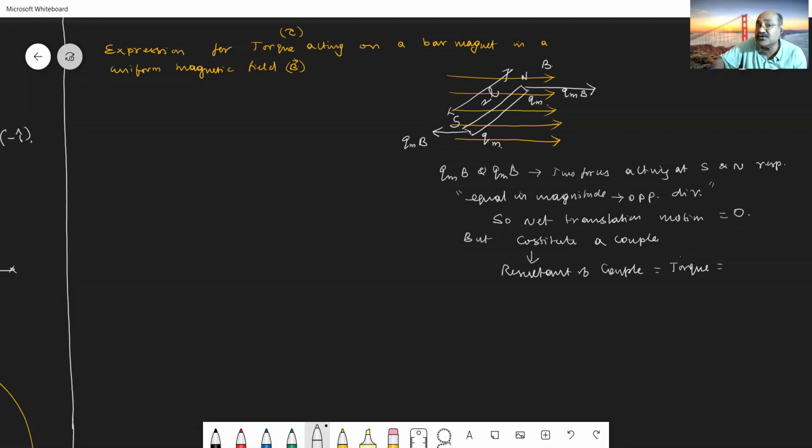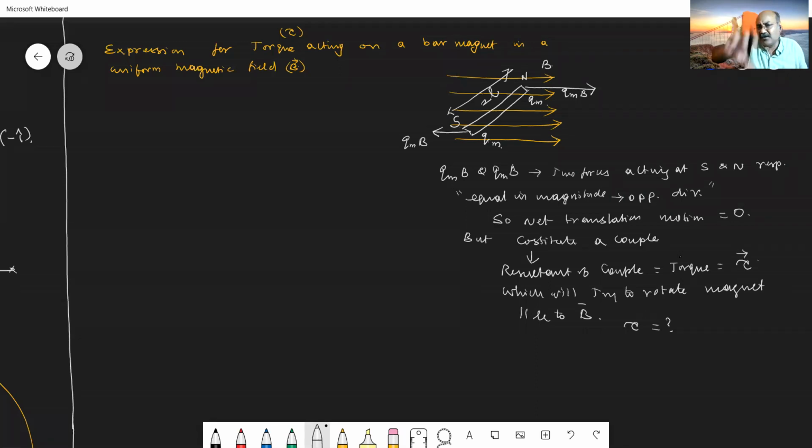The torque produced on this magnetic dipole is considered to be tau vector, which will try to rotate the magnet, or the magnetic dipole, parallel to the magnetic field B vector. We have to calculate that torque tau vector. Hope you have understood.